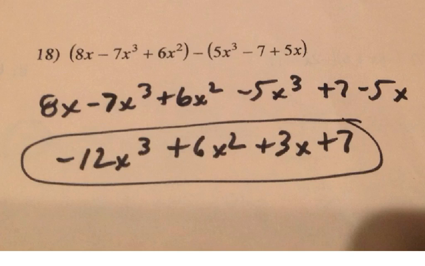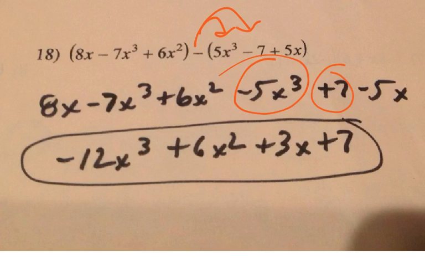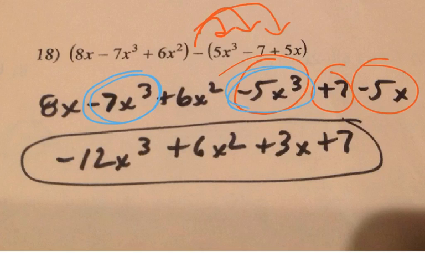Finally, I'll make this the last one. Notice the minus with the 5 makes minus 5x3. The minus with the minus 7 makes plus 7. The minus with the 5x makes minus 5x. So I'm just going to add like terms here. I notice I have minus 7x3 there. I have a minus 5x3 there. Because they're both x3s, I'm going to put them together.